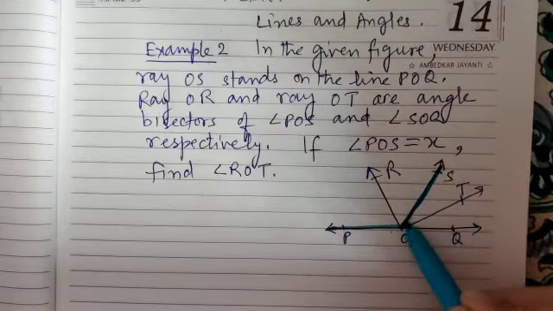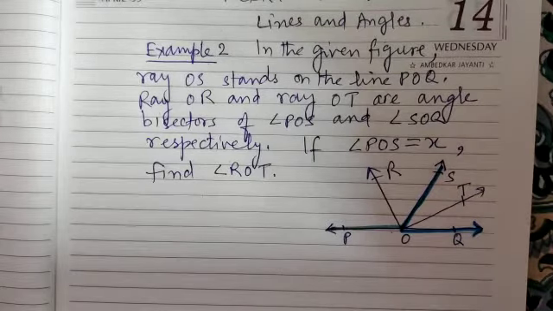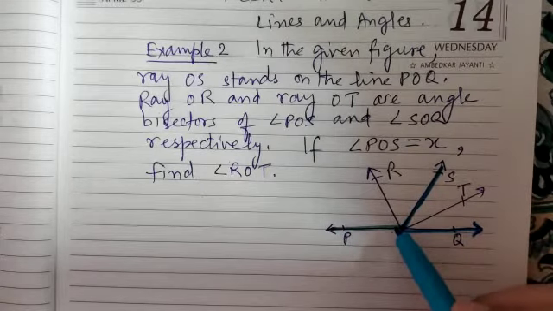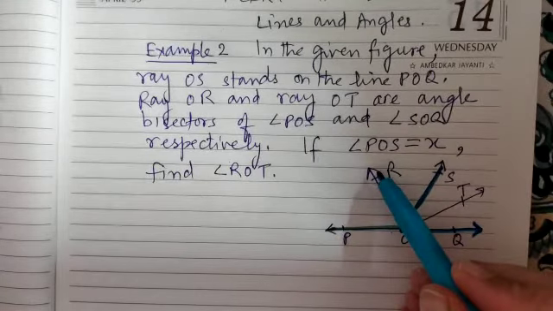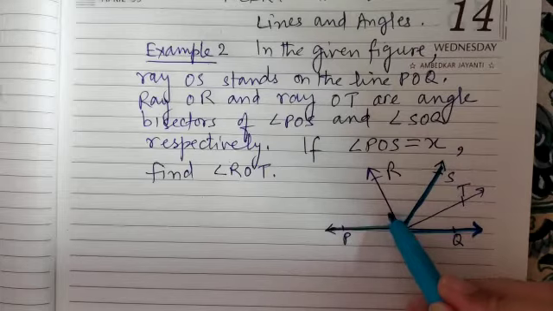So as per the definition of angle bisector, the ray which is the angle bisector divides the angle into two equal parts. So OR is the bisector of angle POS.